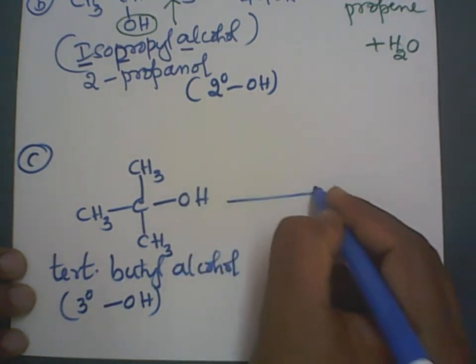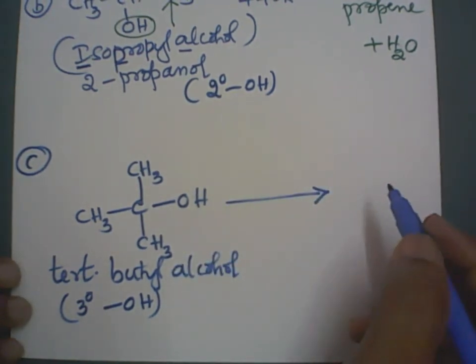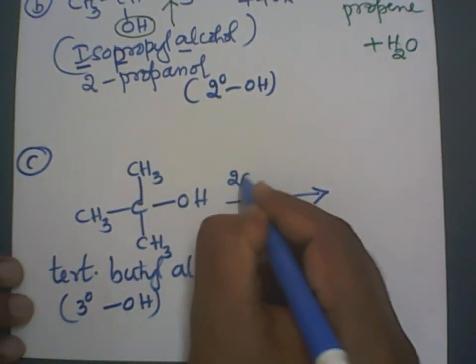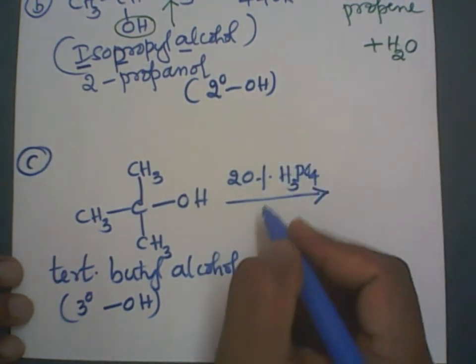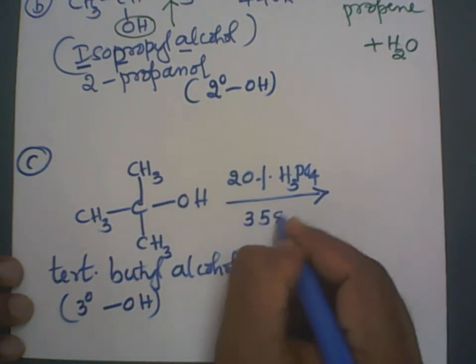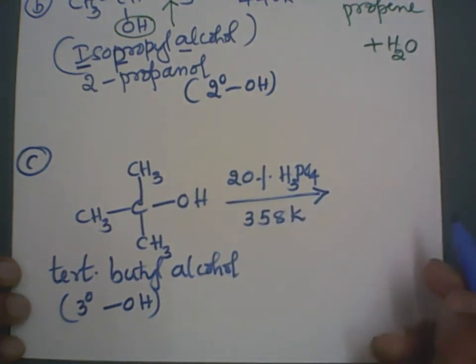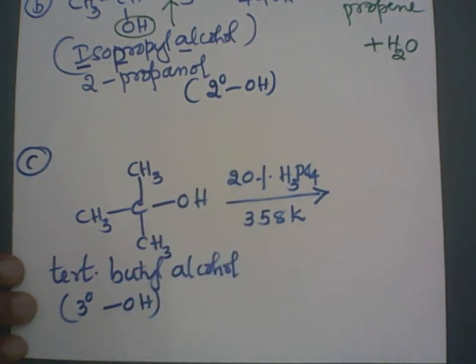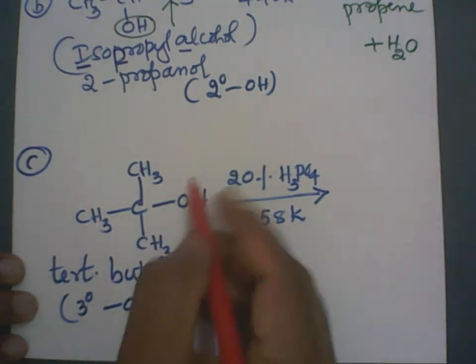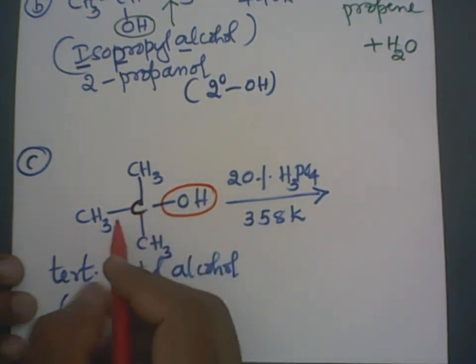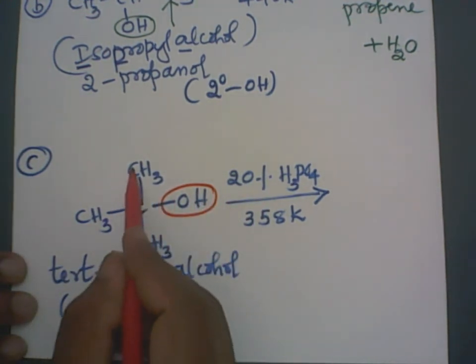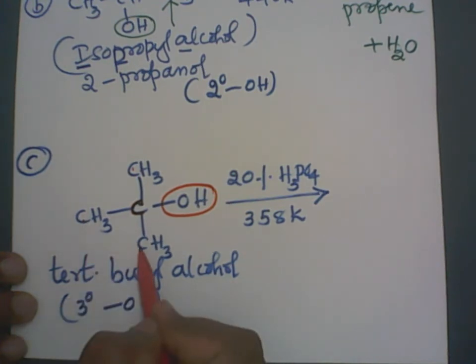Now we require a dehydrating agent. So 20% phosphoric acid, and around 358 Kelvin is required. Now what will happen? I should remove the OH from this carbon atom, and hydrogen from any neighboring carbon atom, either from this or this or this.